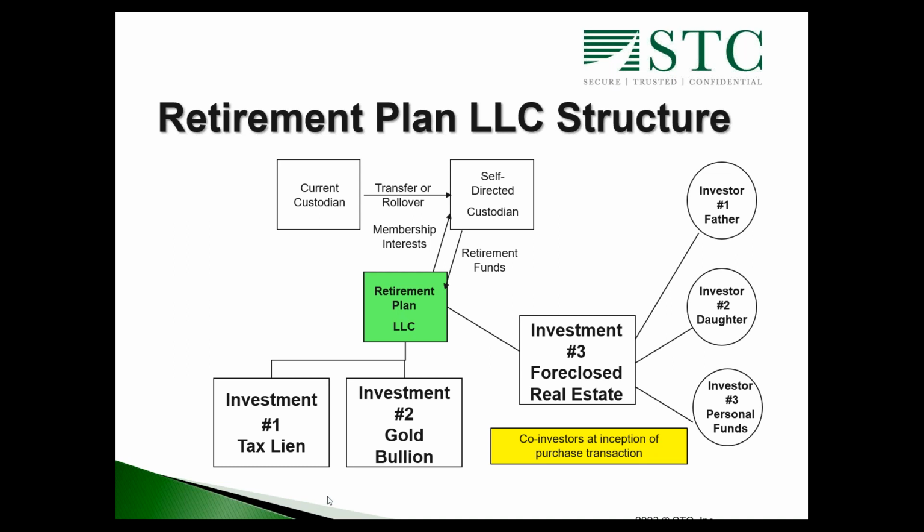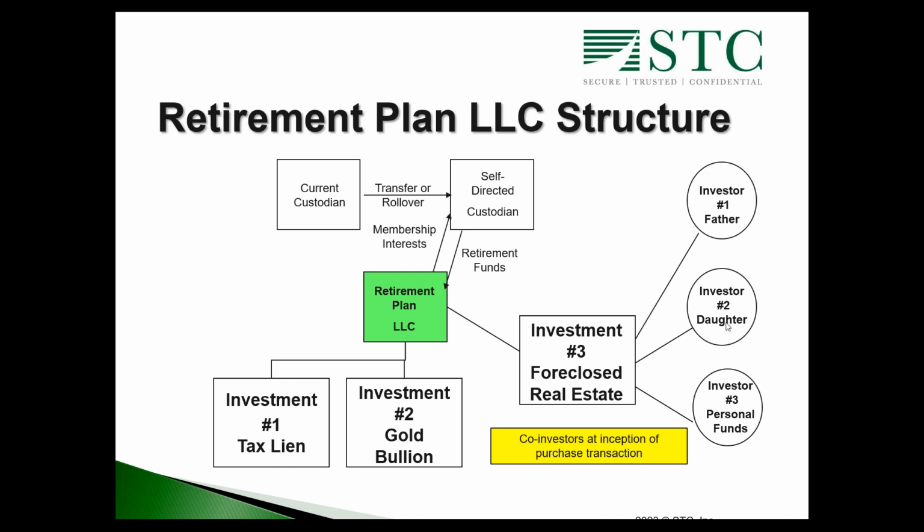And in this case, your retirement account has invested in a tax lien, some gold bullion, and you are one of 4 co-owners in investment number 3, which is foreclosed real estate. Now, notice I've got father, daughter, personal funds, and your retirement account.